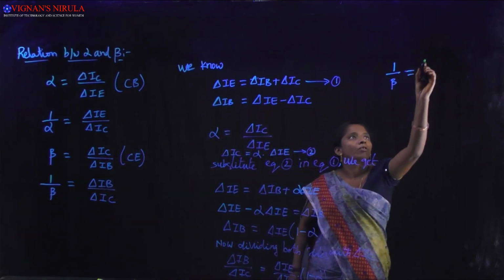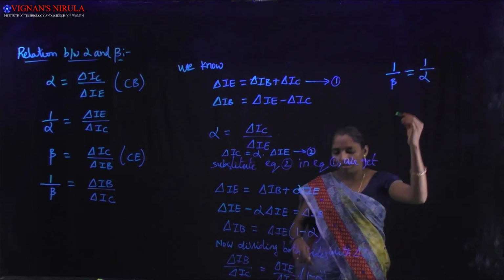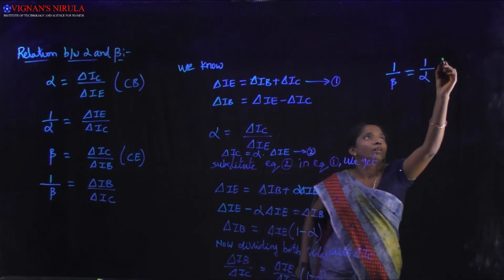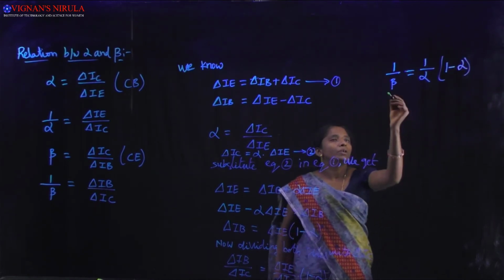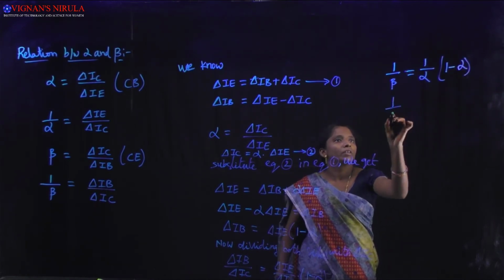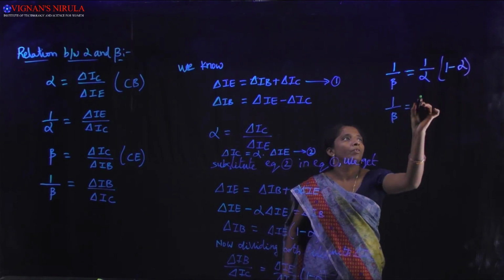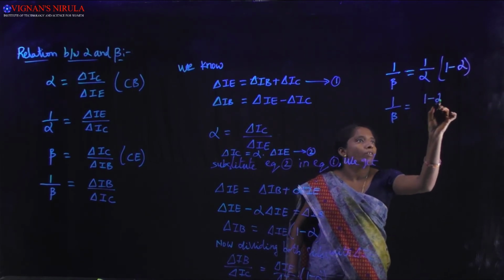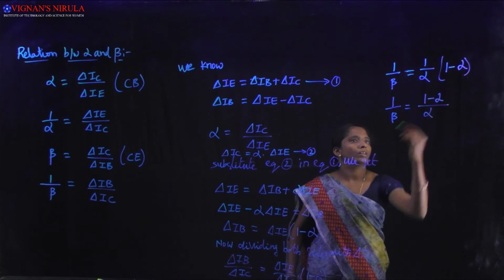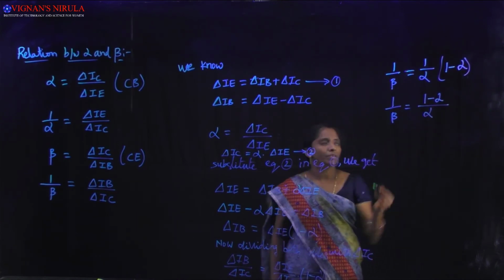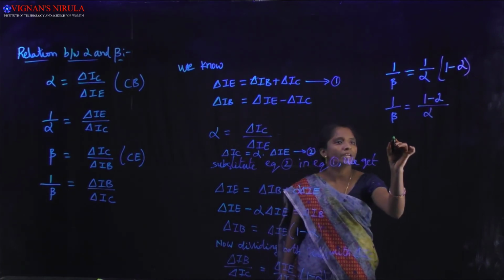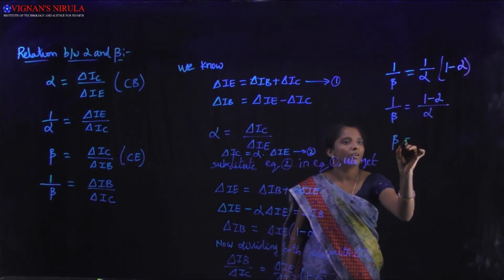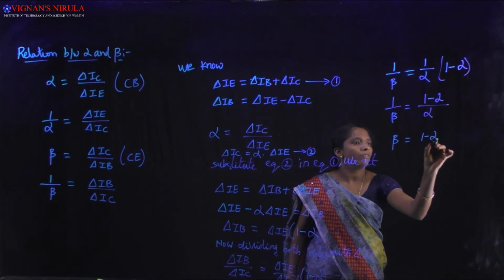So 1 by beta equal to 1 minus alpha divided by alpha.